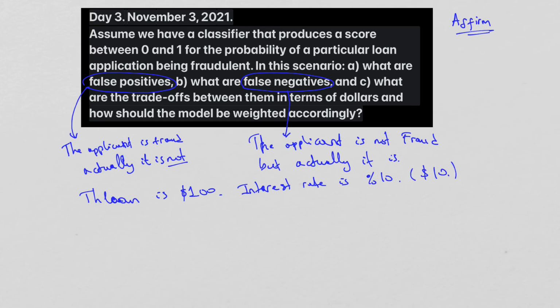Now, for the false positive, the loss would be only $10 because we thought the applicant is fraud, and we didn't give a loan to this applicant, and so we lost our interest rate, right? So that's a $10 loss.